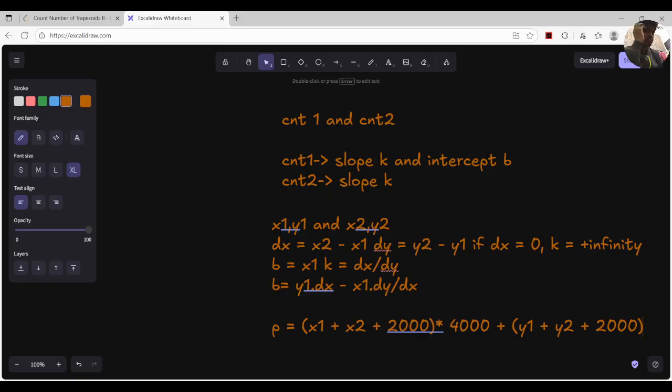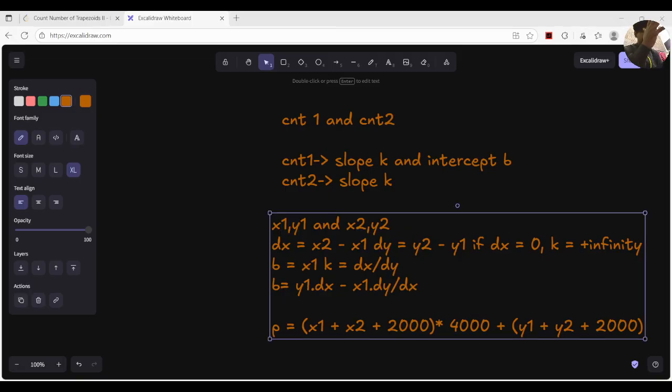Next we iterate through all the pairs, calculate the corresponding slope k, intercept b and midpoint coordinates p, and update the hash tables cnt1 and cnt2. Then we iterate through cnt1. For each slope k we calculate the sum of all pairwise combinations of the occurrences of intercept b and add it to the answer.